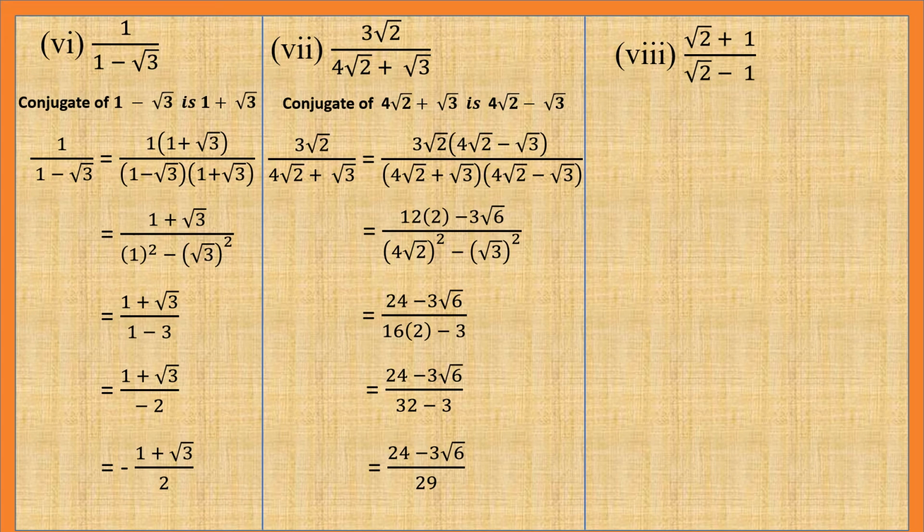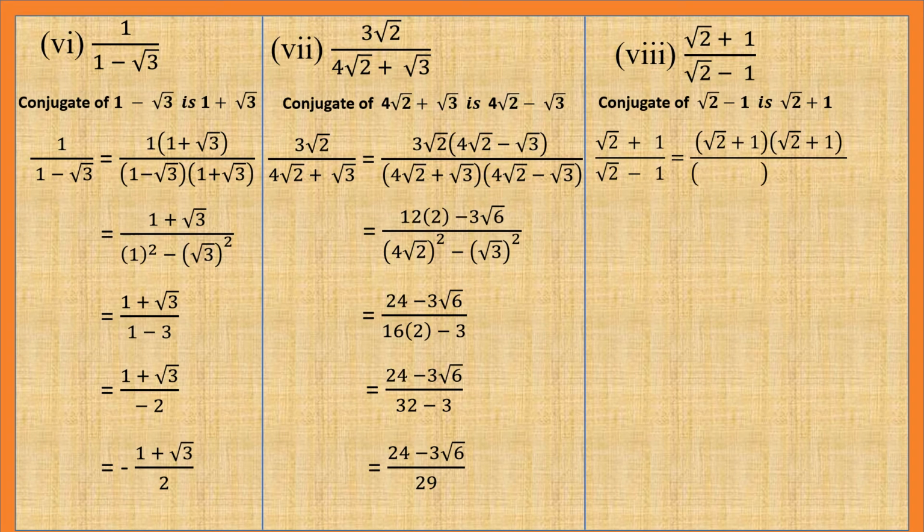So what we'll do is again look for the conjugate of the denominator, and we see that it will be root of 2 plus 1, the same as the numerator. Can you see that? So let's multiply the top and the bottom by the conjugate of the denominator. This is what we get. Now let's expand.